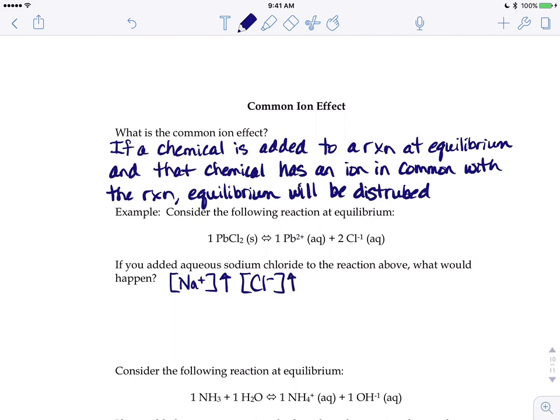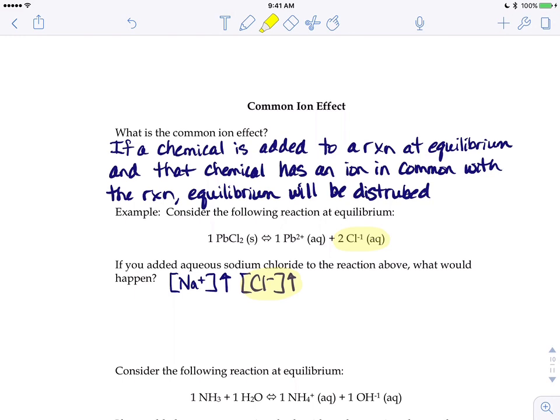Yeah, we're making the sodium ion concentration go up, but quite frankly, we don't really care about that because there's no sodium ions in our reaction. However, the chloride from the sodium chloride has something in common with this guy up here. We have an ion in common between the chemical that we're adding and our reaction that's at equilibrium.